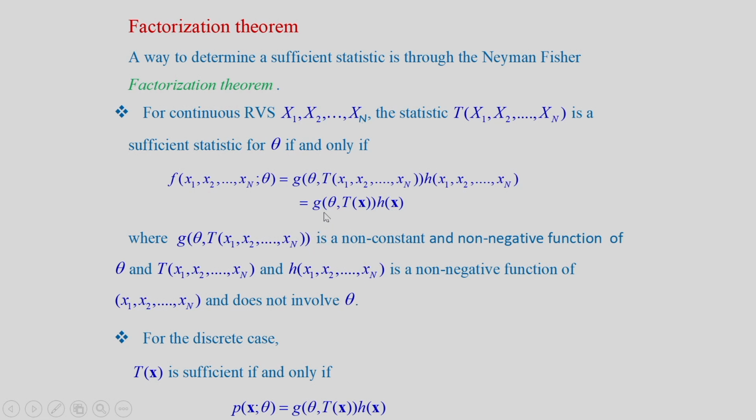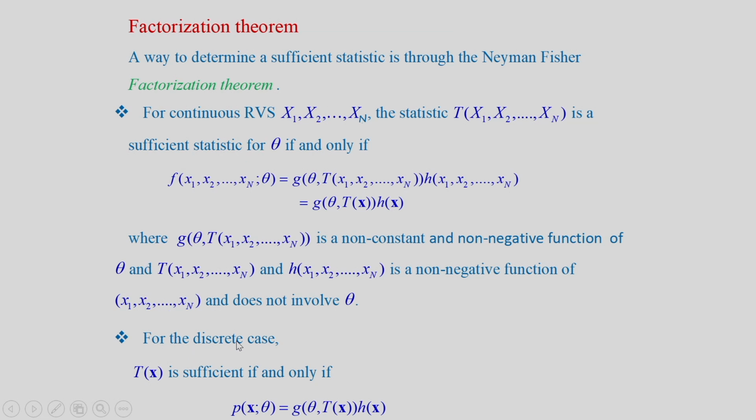So, then we say that this statistic will be sufficient. So, that way we have to see the joint PDF. If it is a product of two factors, one factor involves theta and t, other factor is a function of x only, then this statistic will be sufficient.